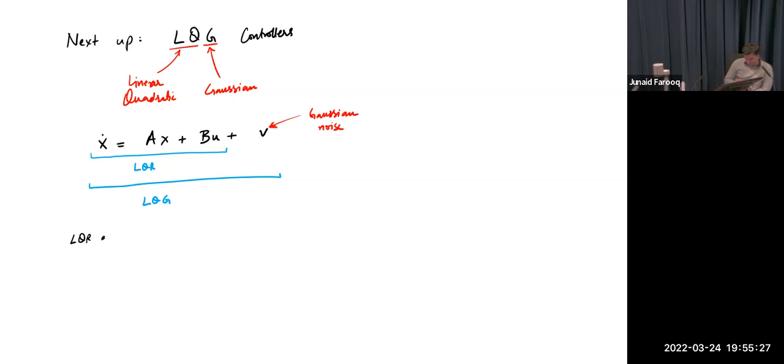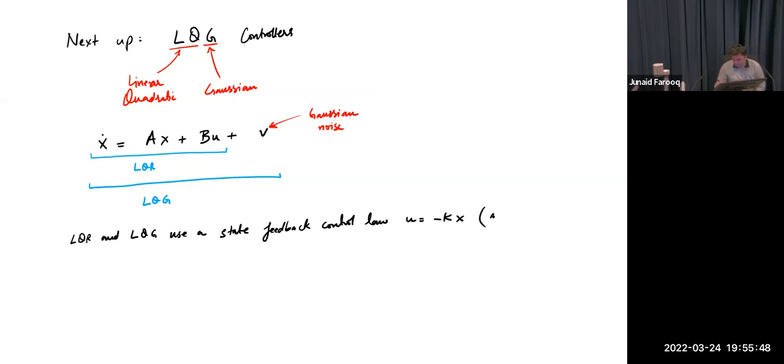So LQR and LQG use a state feedback control law, which is u equals minus Kx, and again assumes that x is known, which is not the case.